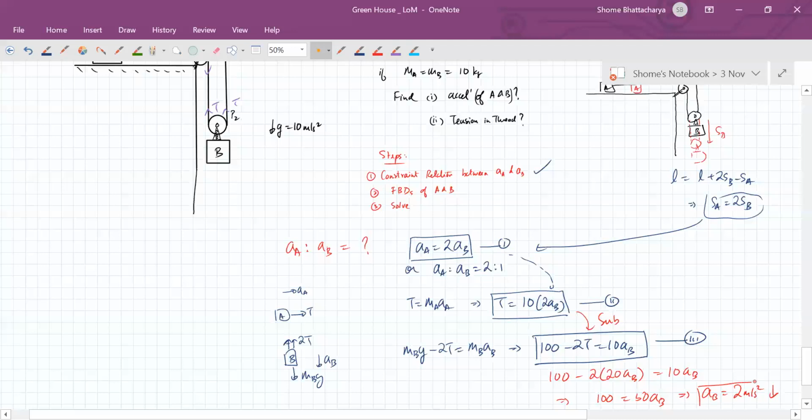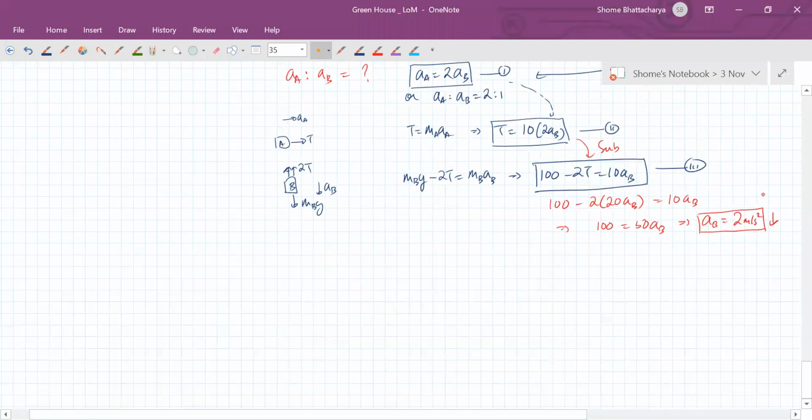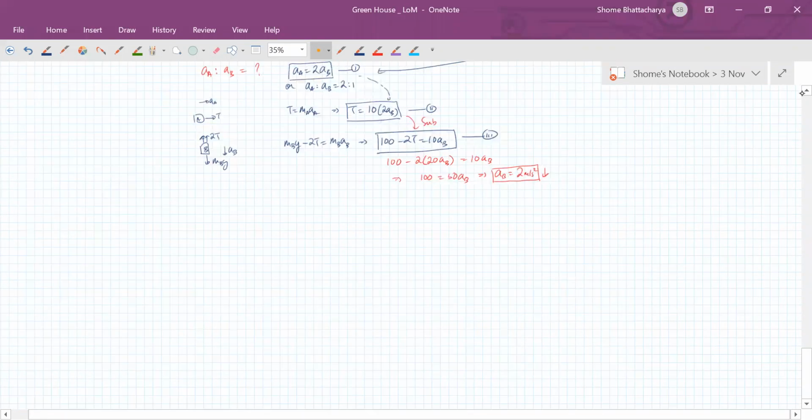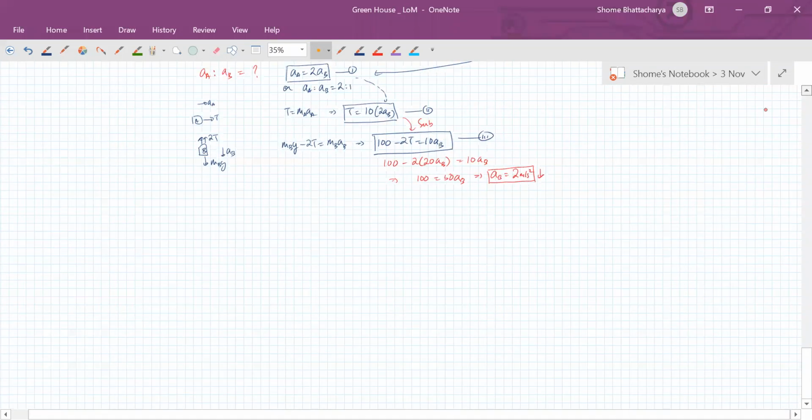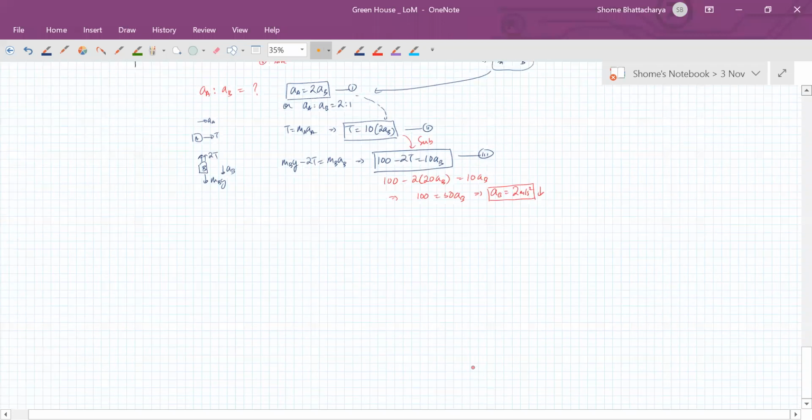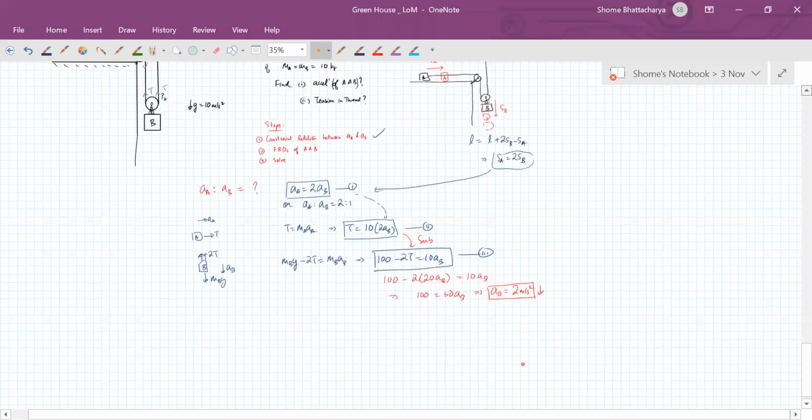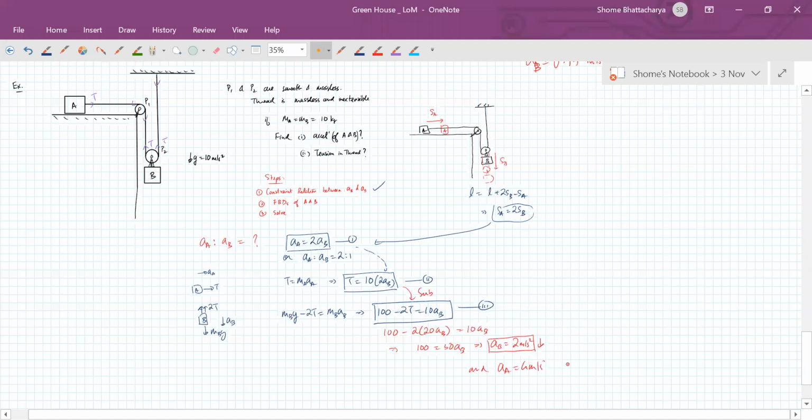Downwards, okay. And therefore acceleration of A will be 4 meters per second square horizontally.